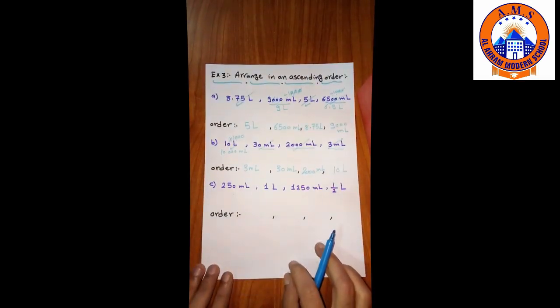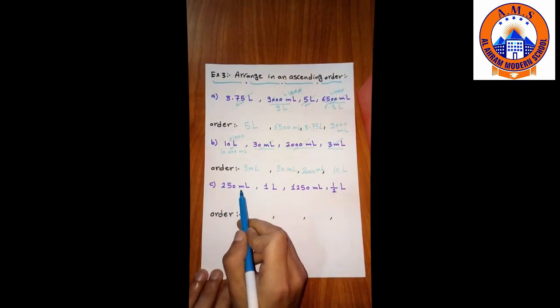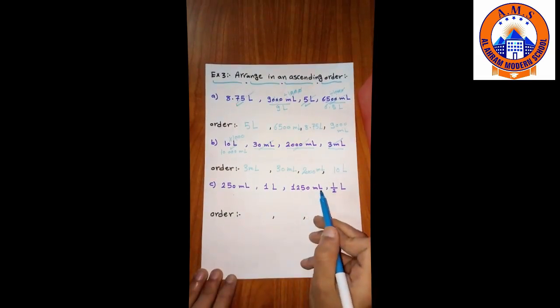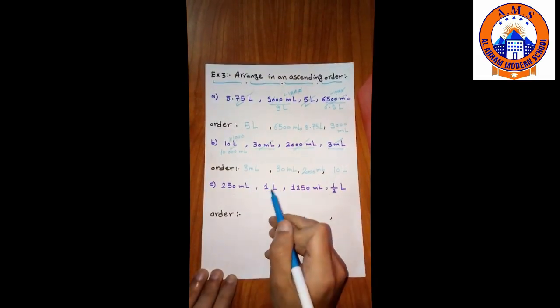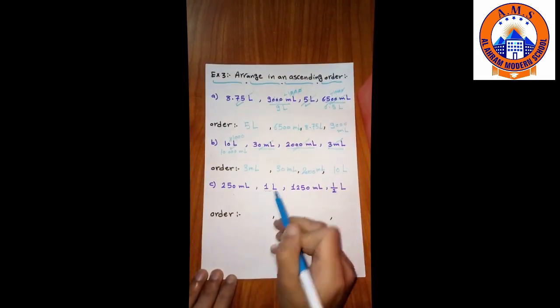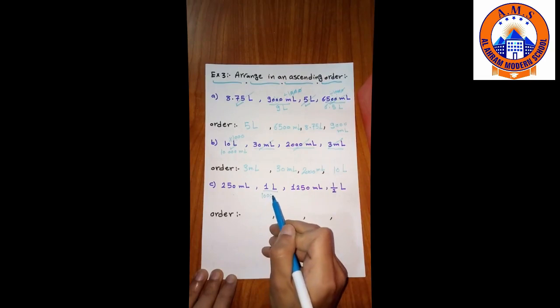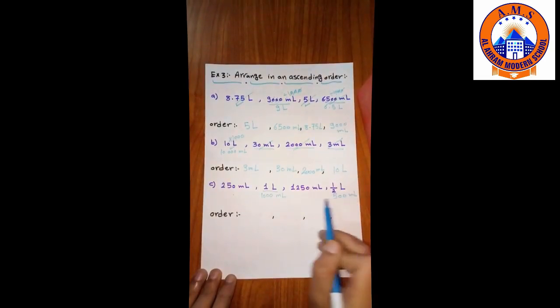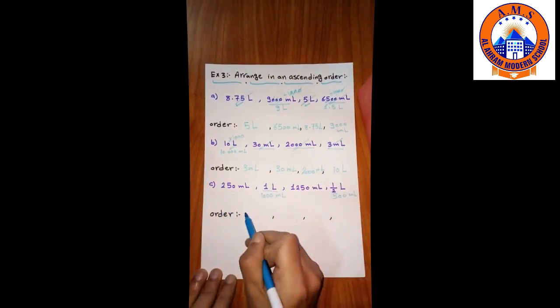The last equation here is 250 milliliters, 1 liter, 1250 milliliter, and a half liter. So I'm gonna change all the units into milliliters. 1 liter equal 1000 milliliter, half liter equal 500 milliliter. Now all the units with milliliters, the smallest one is 250 milliliter.